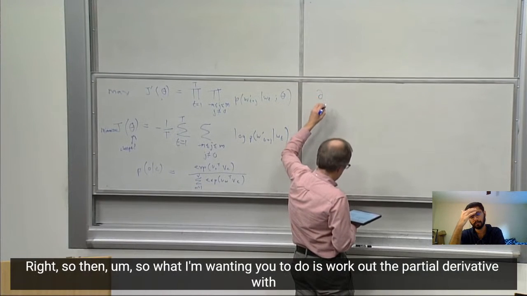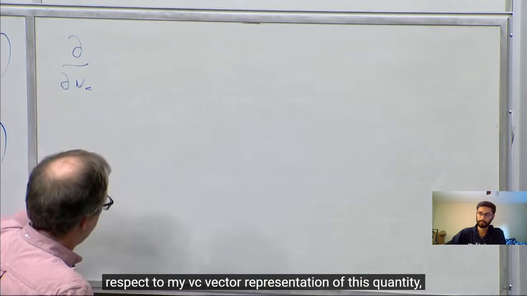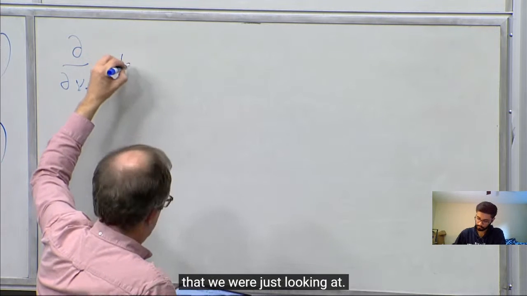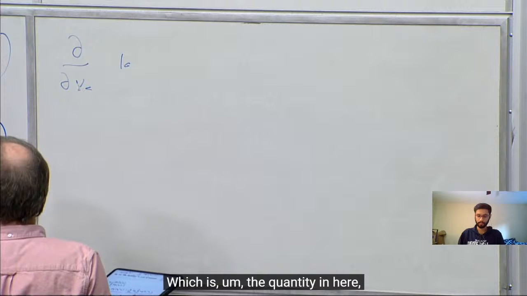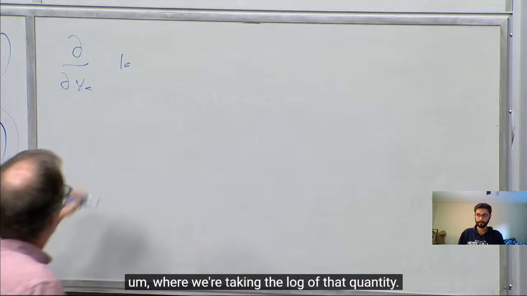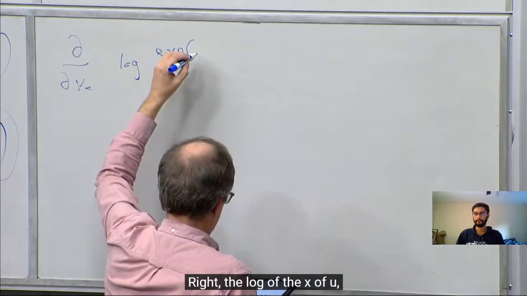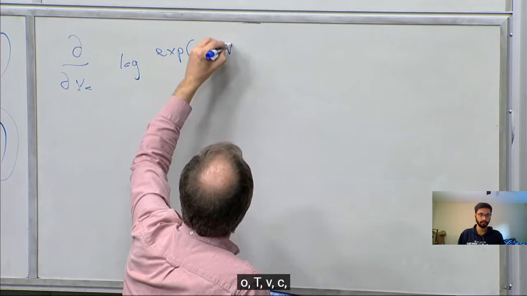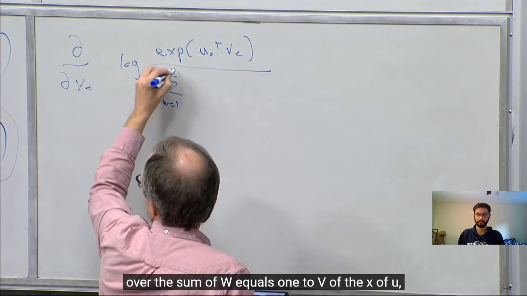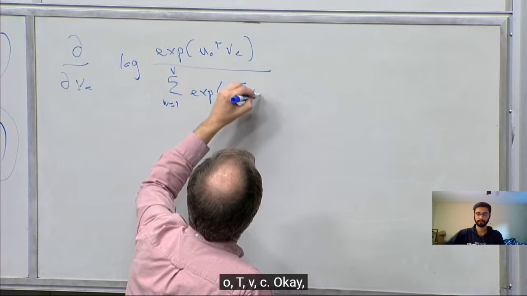So what I want to do is work out the partial derivative with respect to my vc vector representation of this quantity that we were just looking at, where we're taking the log of that quantity: the log of the exp of uo transpose vc over the sum of w equals 1 to v of the exp of uo transpose vc.